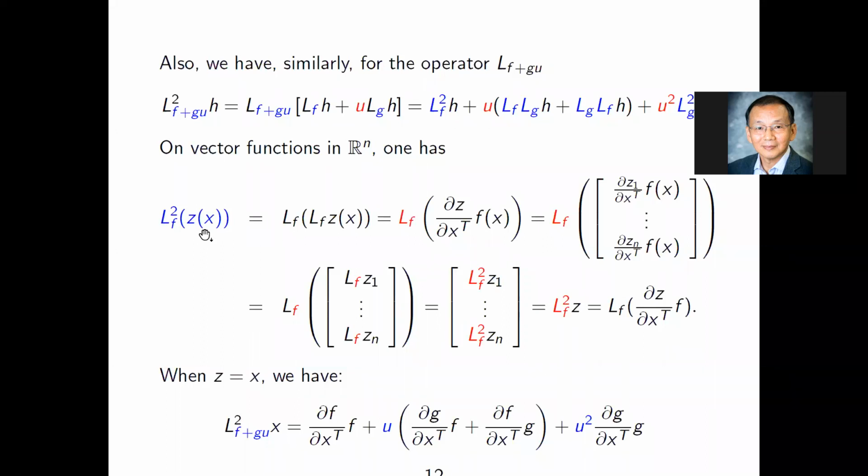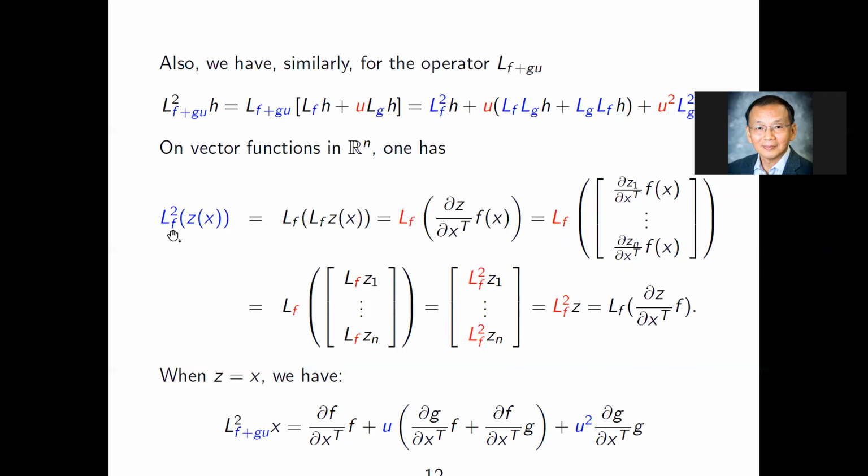And that iteration of L, the directional derivative of f on vector functions, will produce matrices multiplied by vector fields, which give you vector fields again, and therefore we can reiterate the operation.